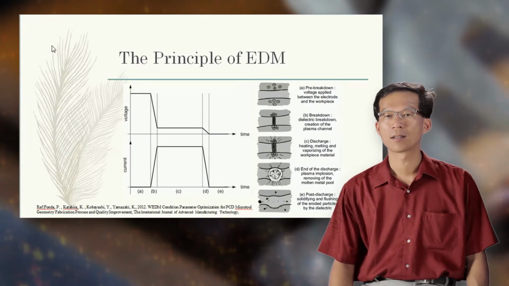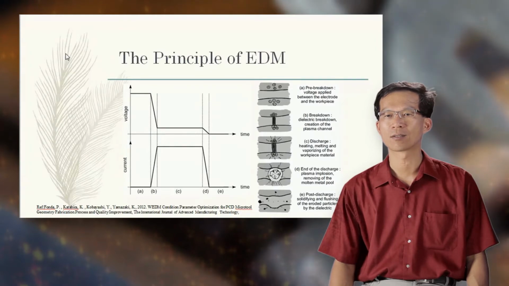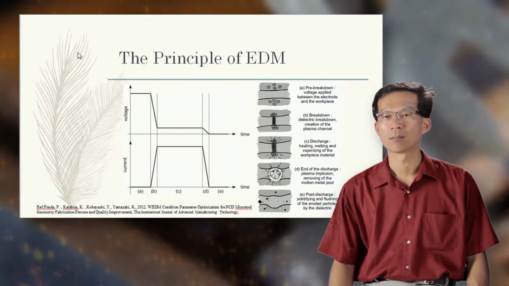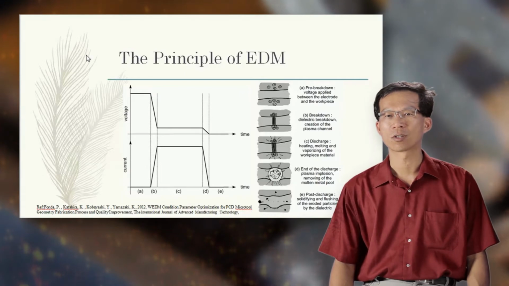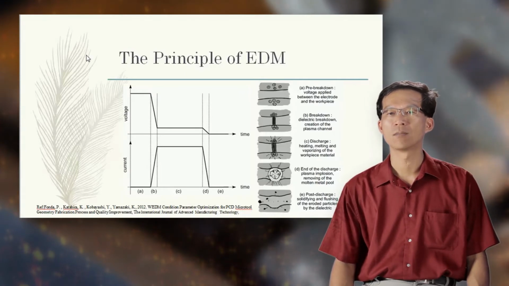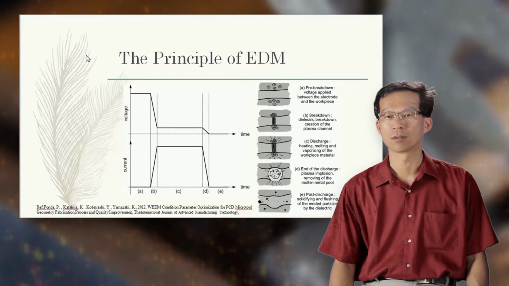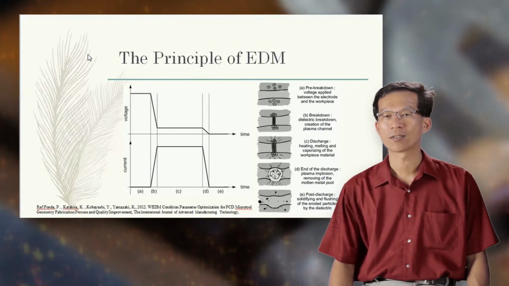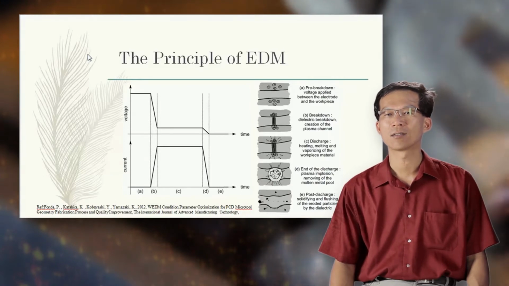This slide gives a simple explanation of the erosion process due to a single EDM discharge. First, voltage is applied between the electrodes. The breakdown of the dielectric is initiated by moving the electrode towards the workpiece. This will increase the electric field in the gap until it reaches the necessary value for breakdown.